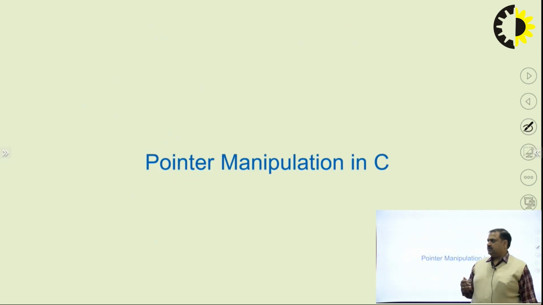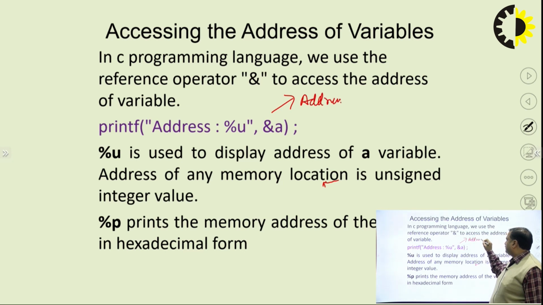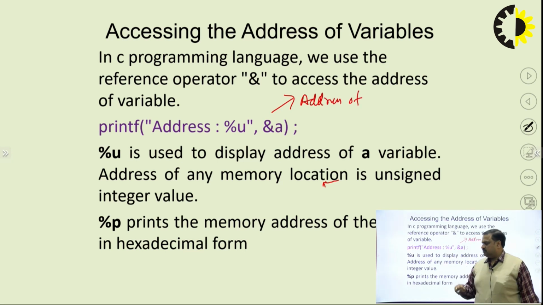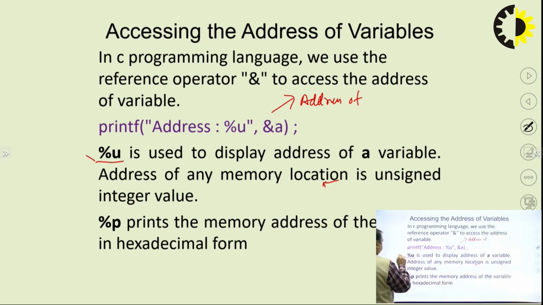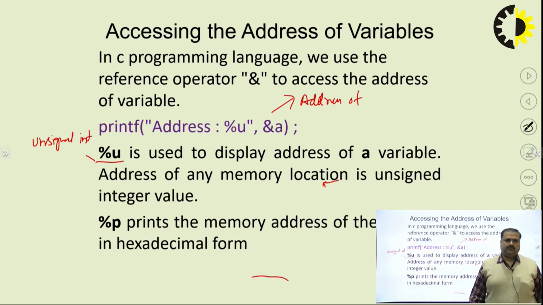Now, how are these pointers manipulated in C? We can access the address of a variable using the address of operator. This is our address of operator. We use this, and this address will be a numeric value. We can display this address with the help of %u. %u is basically for unsigned integer value, so this format specifier is used for unsigned integer values.